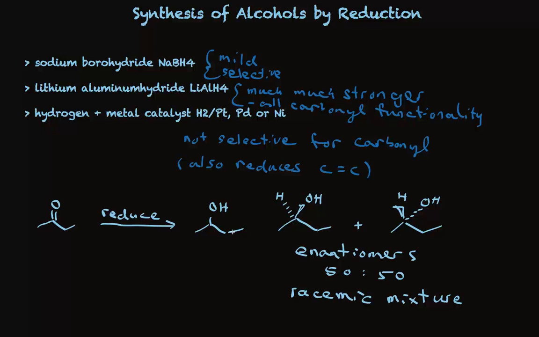And writing the product without showing its stereochemistry is okay, as long as we remember that really we're making a pair of enantiomers. So let's look at sodium borohydride, lithium aluminum hydride, and hydrogen with the metal catalyst used to make alcohols.